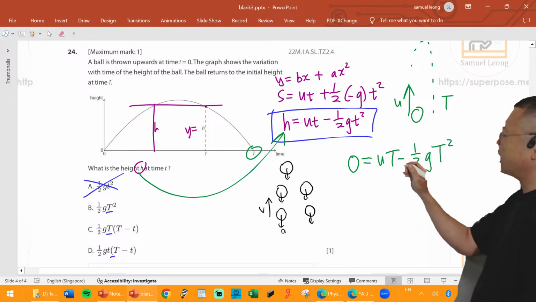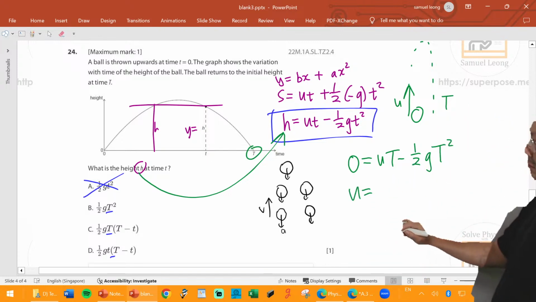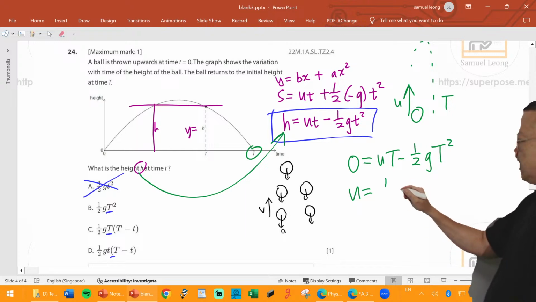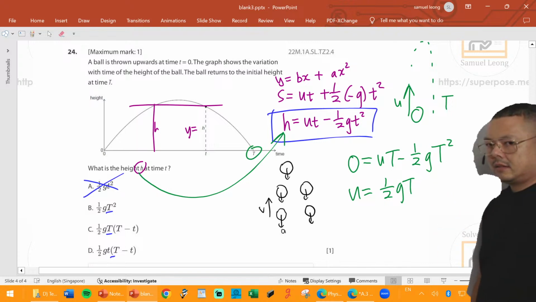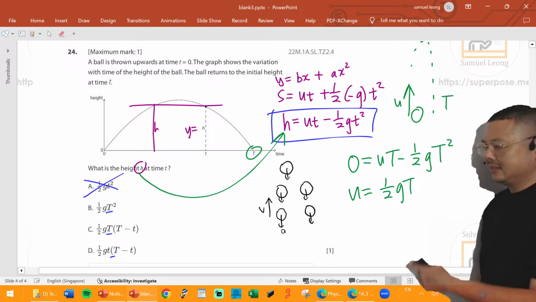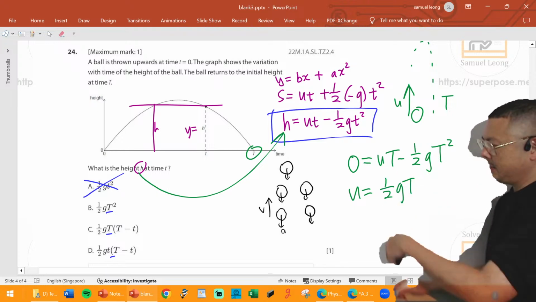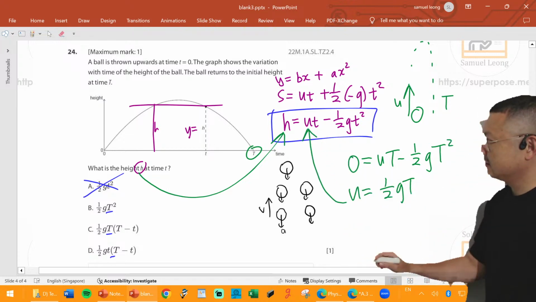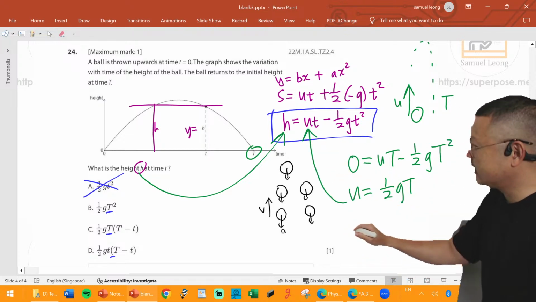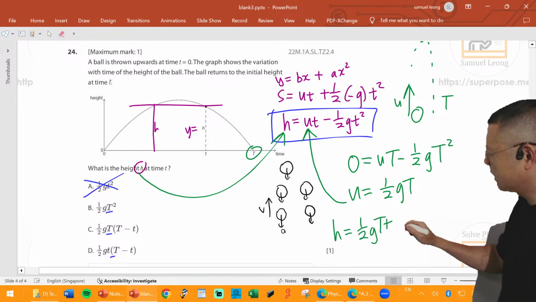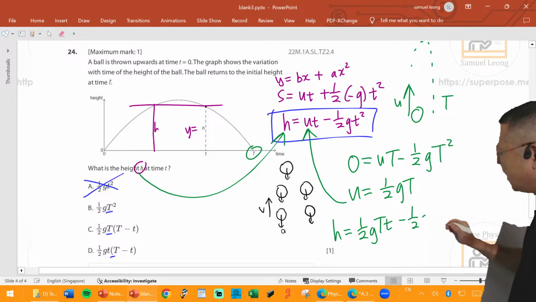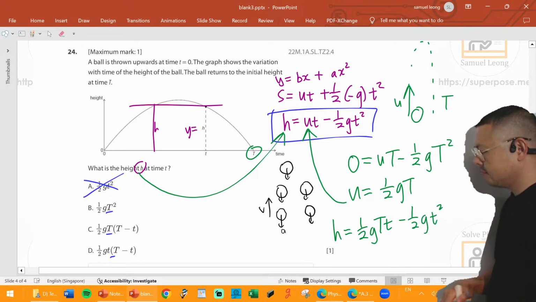So you know what? I gotta make u the subject, which is half gT. Sub it in, and then do the thing: h equals half g big T small t minus half g small t squared.